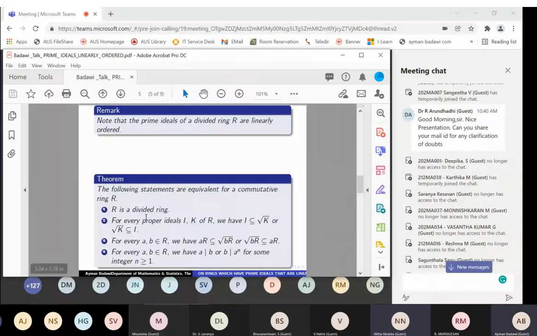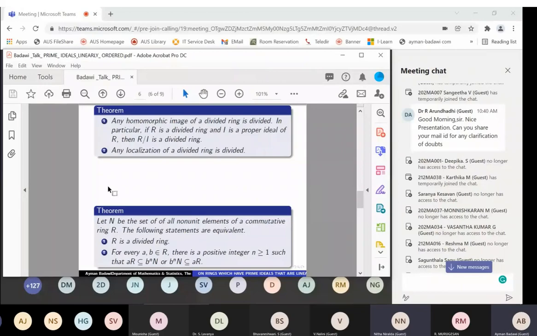Okay, then you start doing the natural things. What about the homomorphic image of a divided ring? That's a good question. If you have a ring homomorphism from A to B and A is divided, what do we know about the image of A?